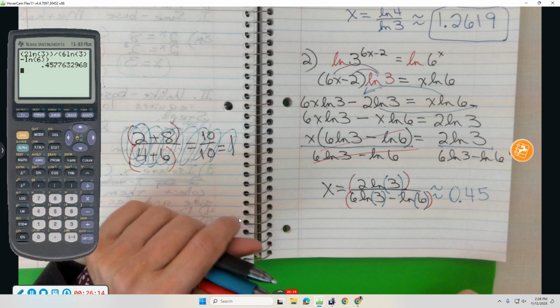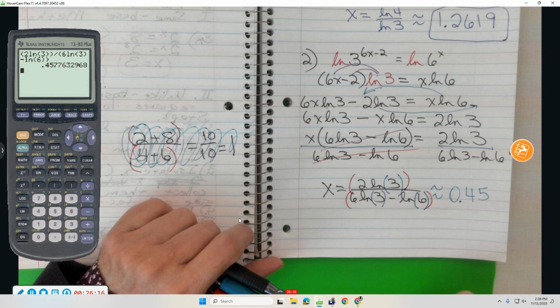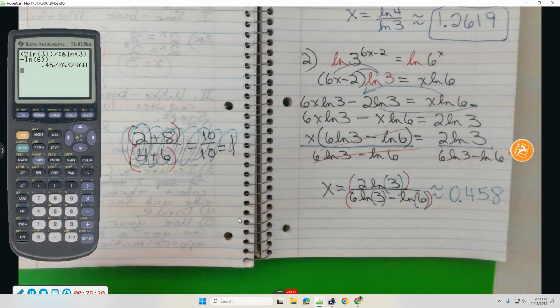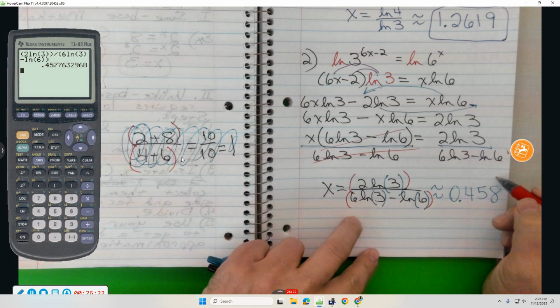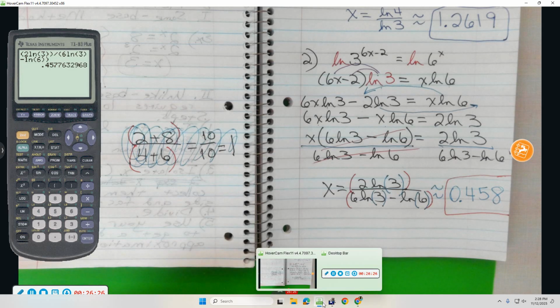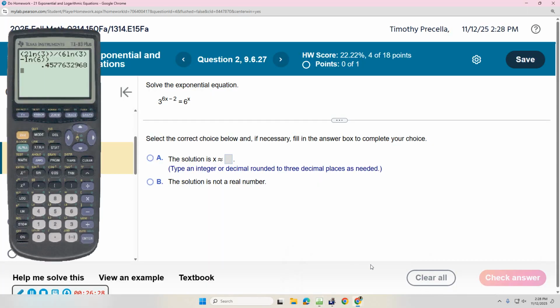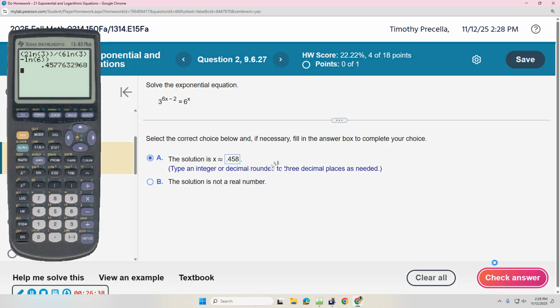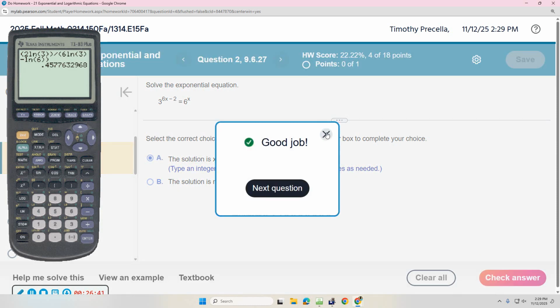Is that staying a 7 or is it going up to an 8? Going up to an 8. 0.458. I probably should have put a 0 in front of it. Glancing at it, it looks like 0.458 to me.